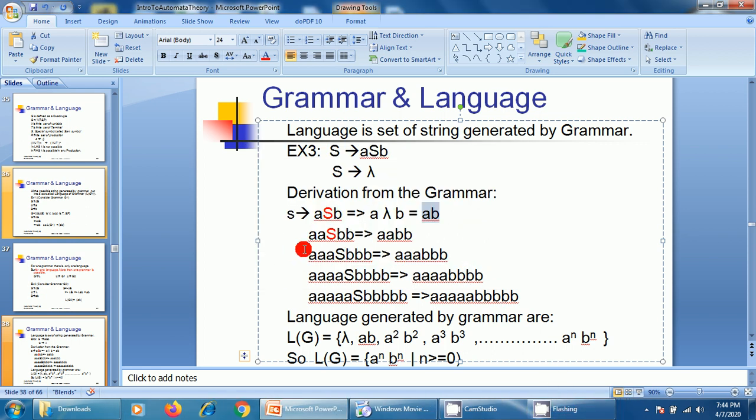Now, in place of capital S we can put ASB, and in place of capital S we can put lambda also.